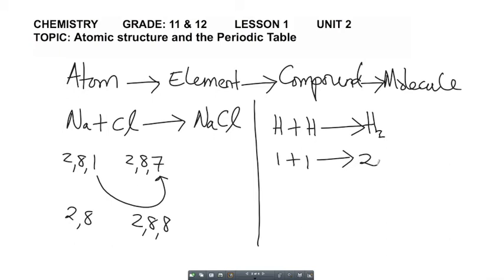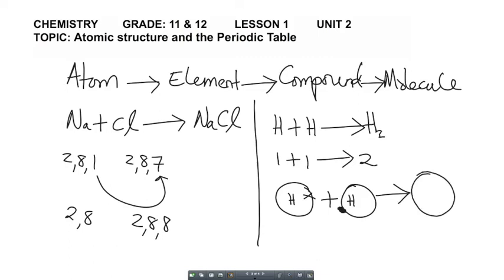So basically, if we were to use the shells, it means I'll have hydrogen with 1 electron plus another hydrogen with that electron. So therefore, when the 2 combine, they will give us something that looks like this.